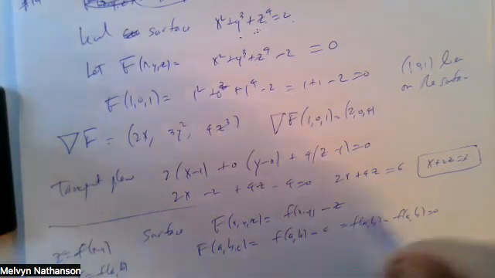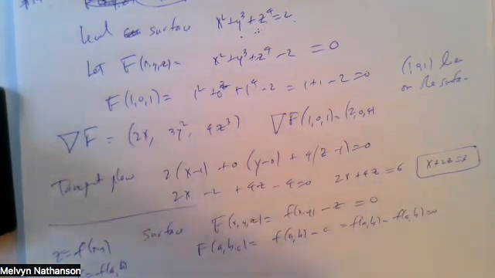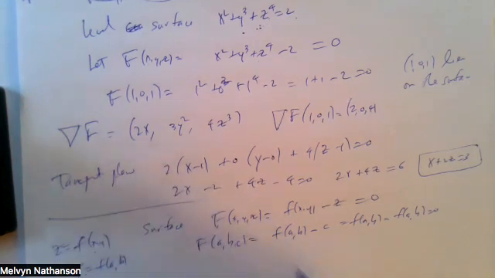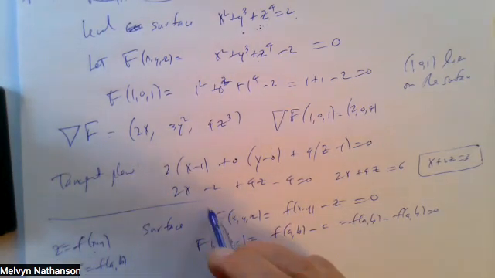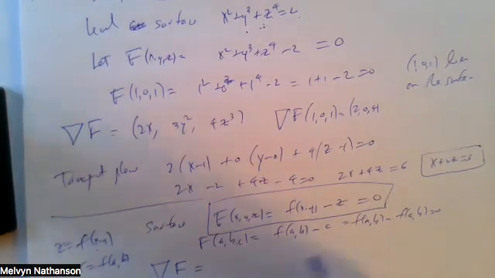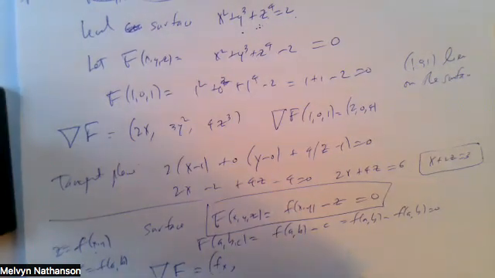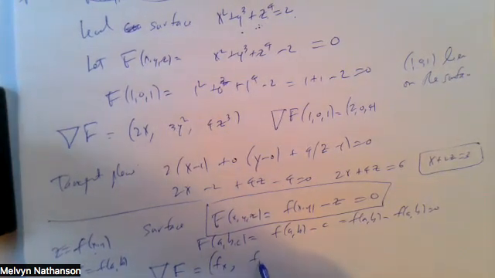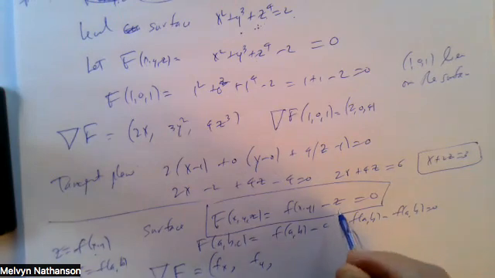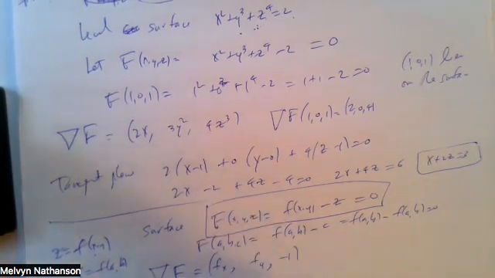So the level surface, capital F of x, y, z equals 0, is just the graph of this function. So for this function, what is the gradient of F? It's the partial derivative with respect to x, comma, partial derivative with respect to y, comma, partial derivative with respect to z, which is minus 1.